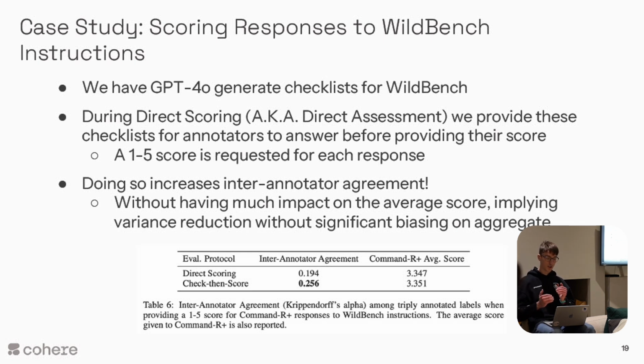If the score changed a lot and we got higher annotator agreement, then you could say, oh, well, the checklists meant that all annotators were just giving higher or lower scores or something like this. But they seem to be just aggregating around the mean of their responses before, which means that there were fewer outliers, which generally is an indication that an annotator slightly misunderstood the task or missed something in the response or the prompt. So that was a nice result.